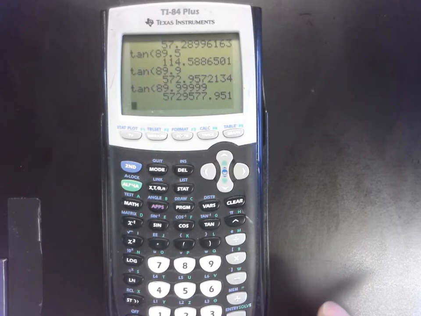So as you get closer to 90 degrees, what happens to the tangent of that angle? It goes infinite. It approaches infinity. And so the closer you get to 90 degrees, the closer the tangent of the angle gets to infinity. Now let's think about why that would be.